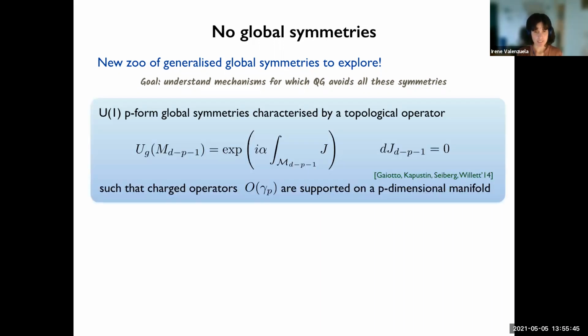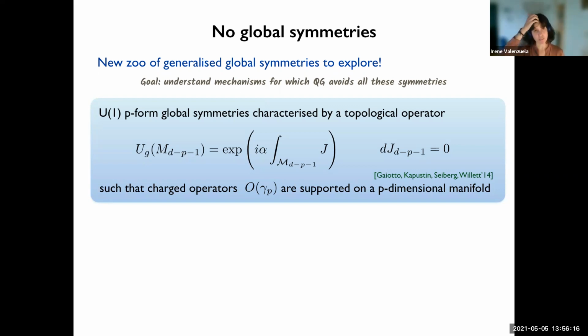And for that, let me review the most canonical example of generalized global symmetry. The basic thing is that we use a language in which, instead of talking about global symmetries that commute with the Hamiltonian or the stress energy tensor, these symmetries are characterized by some topological operator, some operator which has to be topological.